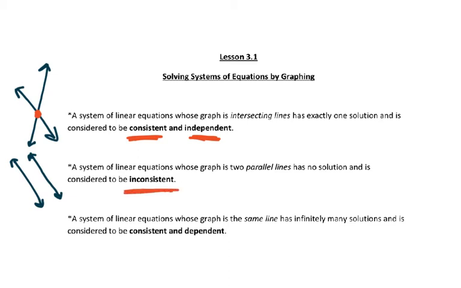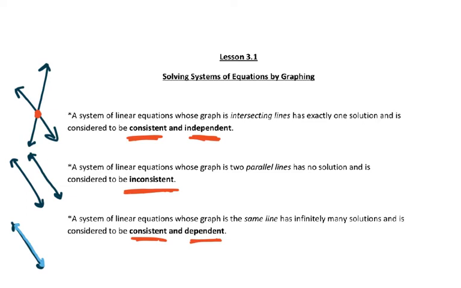And if the graph is the same line and we just don't know it, they cross at every single point, and we would call them consistent because they do have a place they cross, but it's dependent on being the same line.